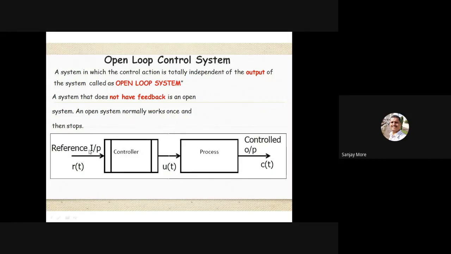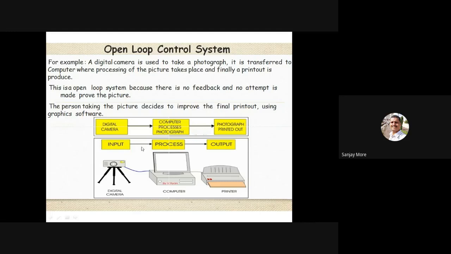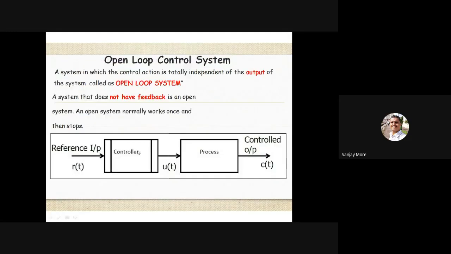Means input, controller, process, and output. Output is totally dependent on the supply or input. A system that does not have feedback is an open system.